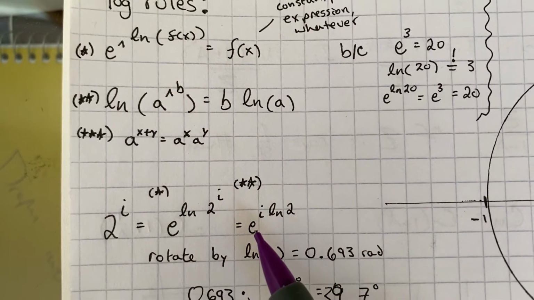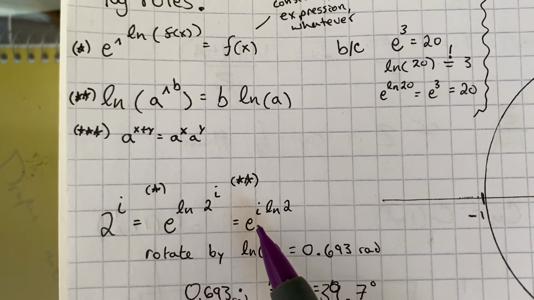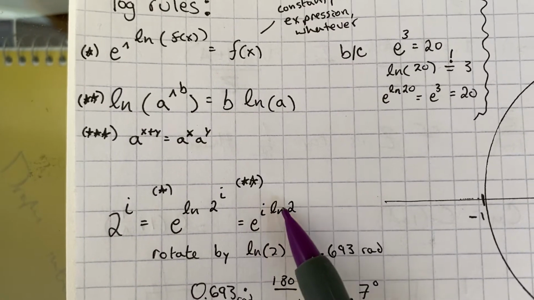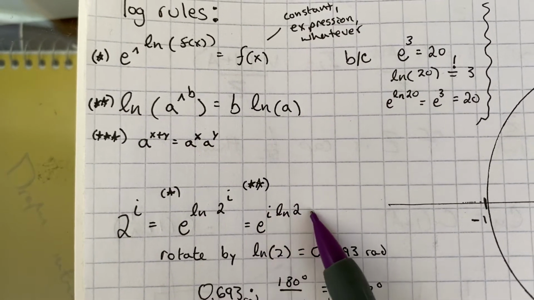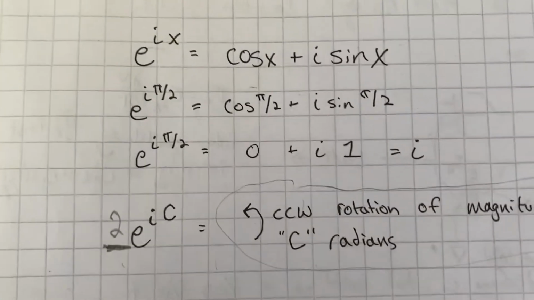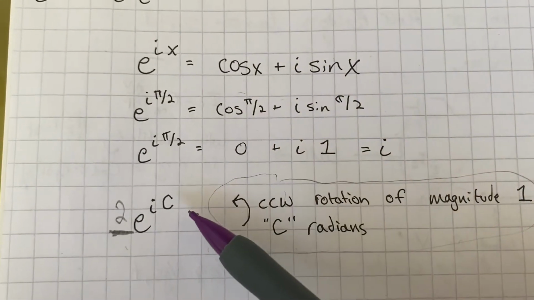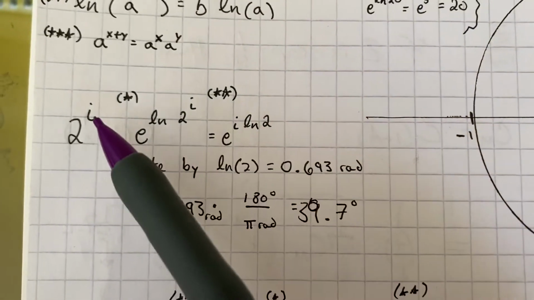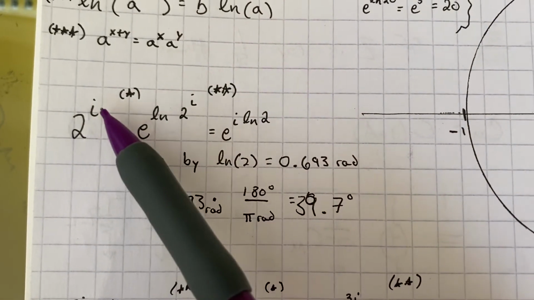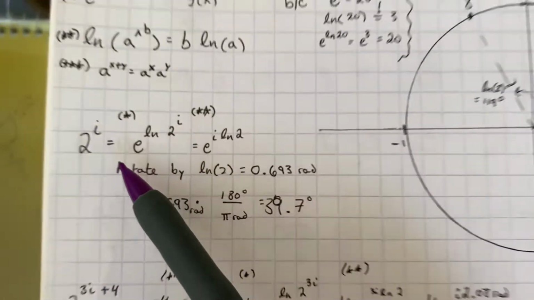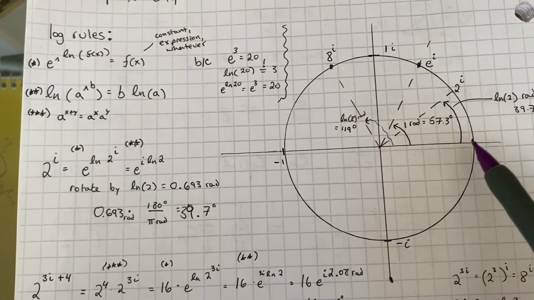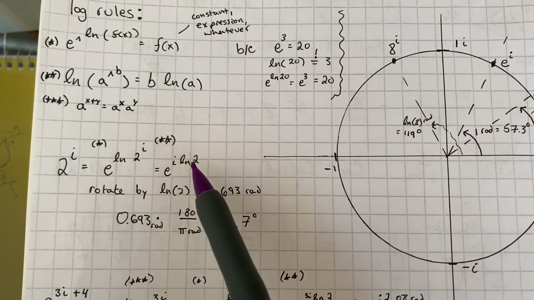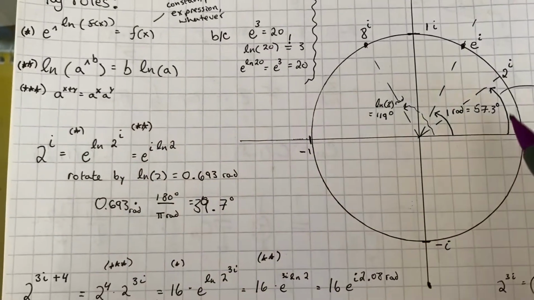And this is helpful because now we have e as the base with i and some argument here, which we know from Taylor series expansion is going to be the amount of radians we're rotating. So we can see that it's not convenient to have 2 to the i because that means a magnitude of 1, rotation of not 1, but natural log of 2 radians.